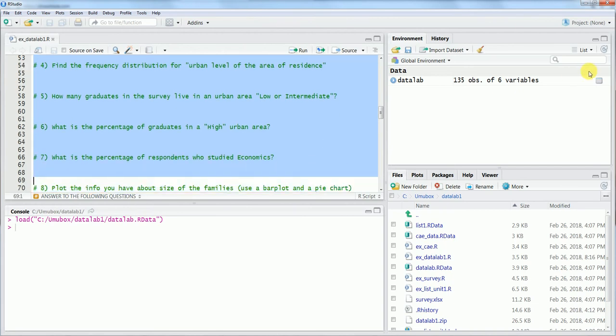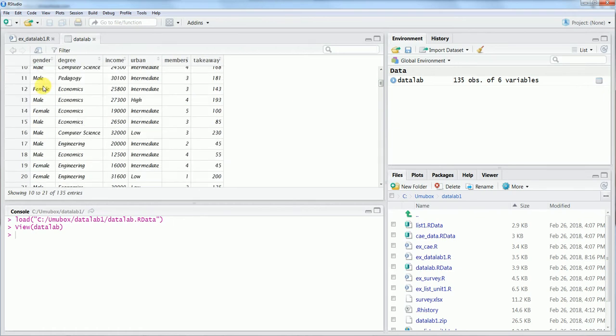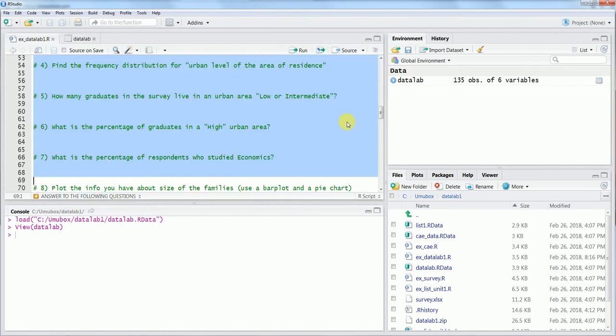Actually, what we need to know is how many people in our survey has different characteristics in different variables, one at a time. Remember that for doing that, you need to work with the command table.